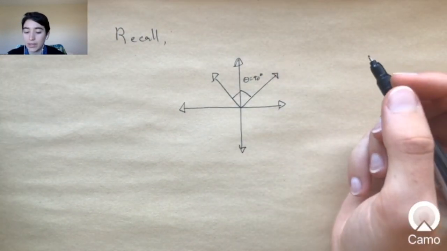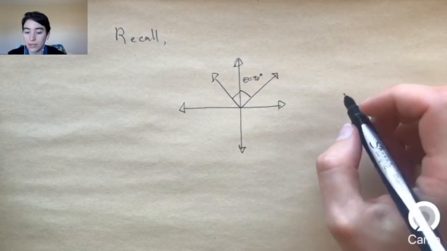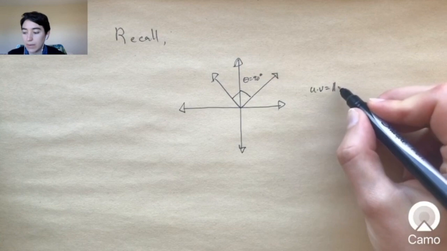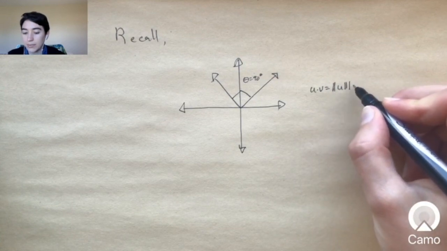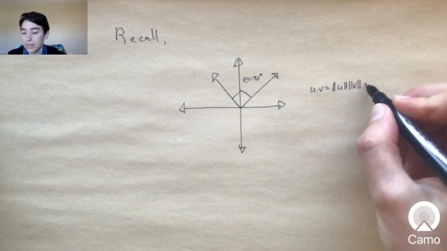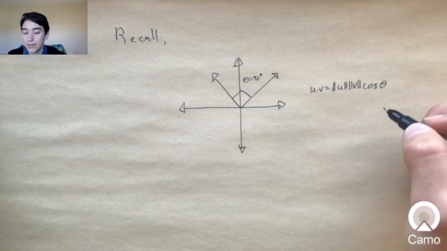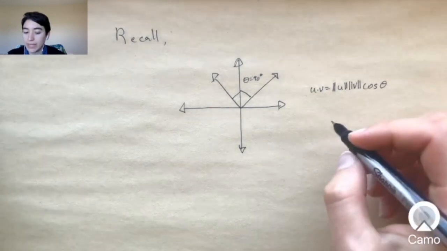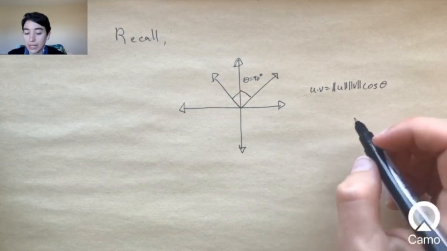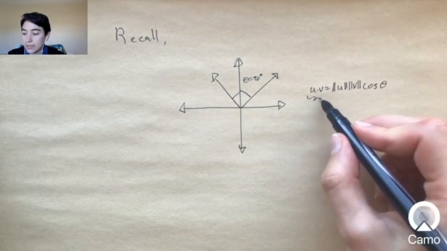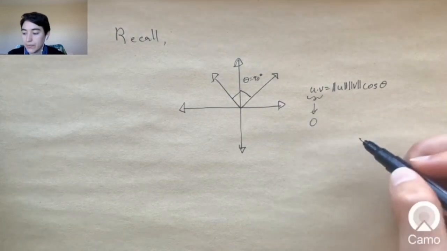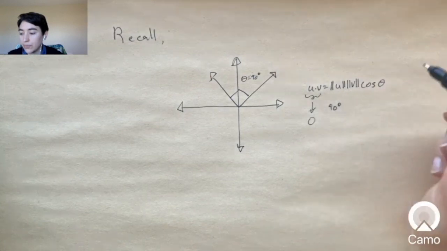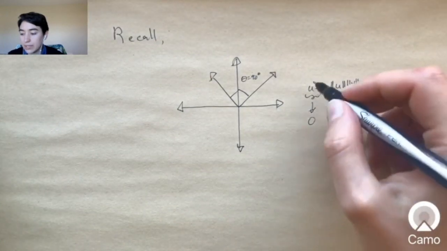Okay, and then let's also recall the equality we had where the dot product is equal to the magnitude of u times the magnitude of v times cosine theta. Now, when we had an angle equal to 90, this was equal to 0. So for when this was 90 degrees, this was equal to 0.